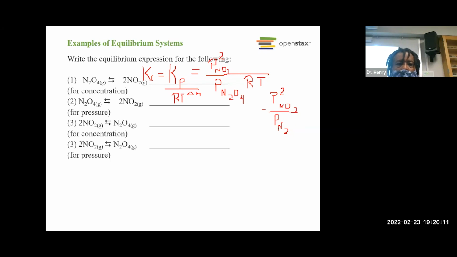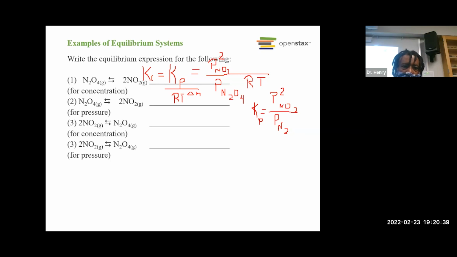And then for the second one, it's going to be this value, Kp, so you don't have to include that RT component. And then down here, we've basically flipped the equation. So you're going to flip the reaction.